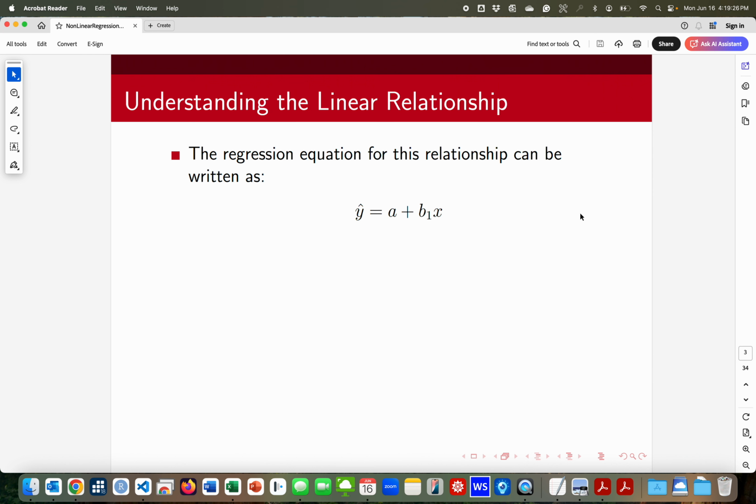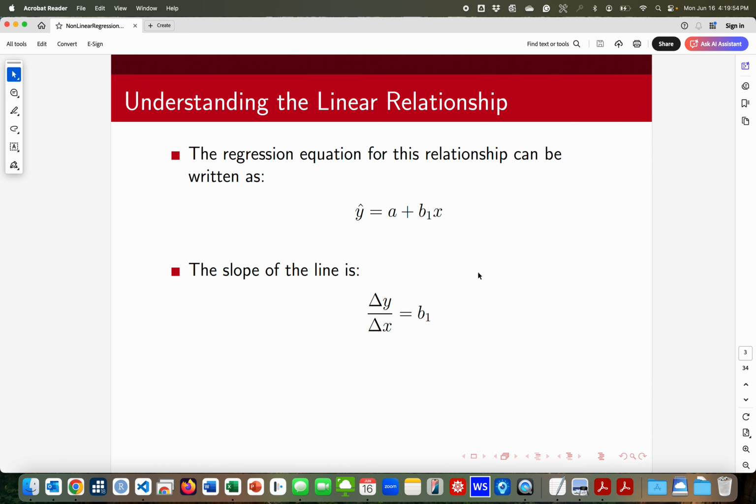So if we're looking at the estimated regression equation, y hat, again, that's the predicted value, a is the intercept, b1 is the slope, x is the independent variable. The slope of the line, that should actually say change in y hat over change in x, is equal to b1. So b1 is the slope. If we increase x by 1 unit, y hat changes by b1 units, and that does not depend on the value of x.